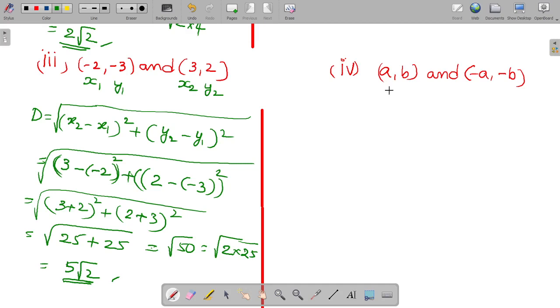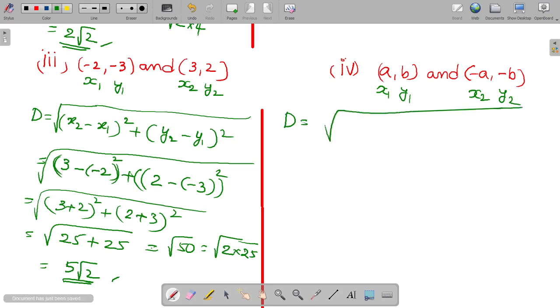Go to the fourth bit. This is x1, this is y1, this is x2, this is y2. Distance between 2 points is square root of x2 minus x1 whole square plus y2 minus y1 whole square.